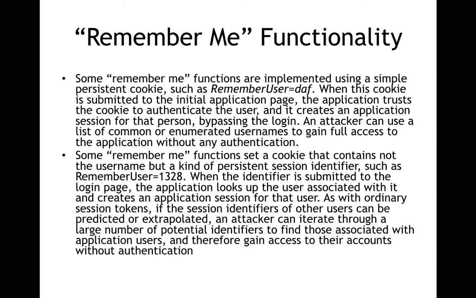So an attacker can use a list of common enumerated usernames to gain full access to the application without any authentication. A vulnerable Remember Me function is sometimes there, but it depends on how you use it. Anyhow, we can go back to our previous chapter. We can sanitize all temporarily stored cookies, and eventually the Remember Me data stored in your temporary cookies will be deleted.